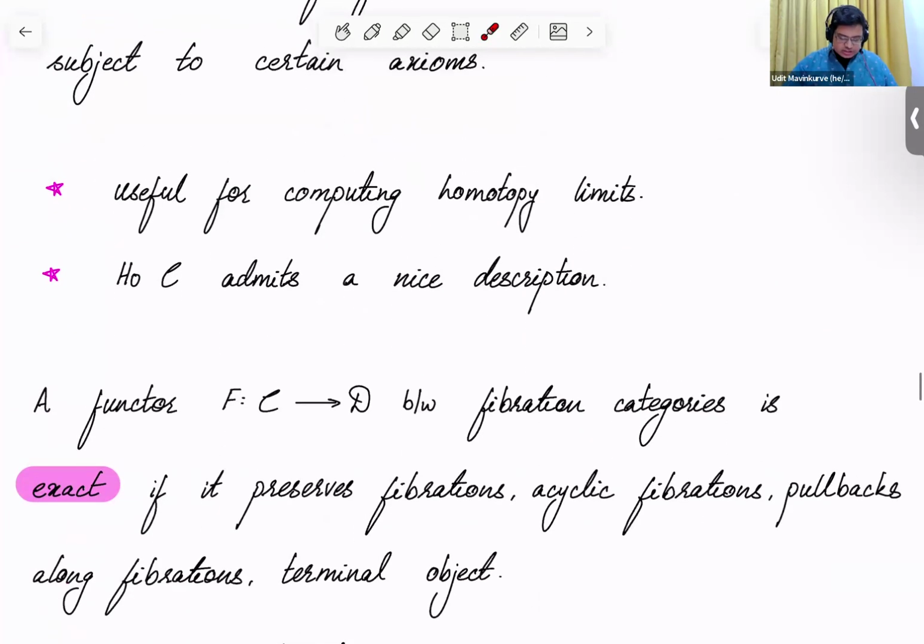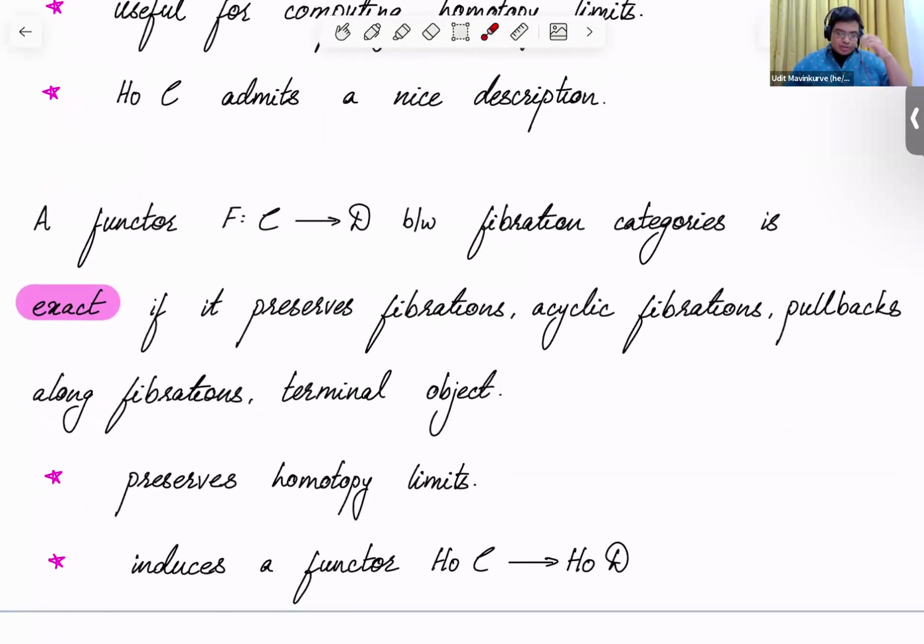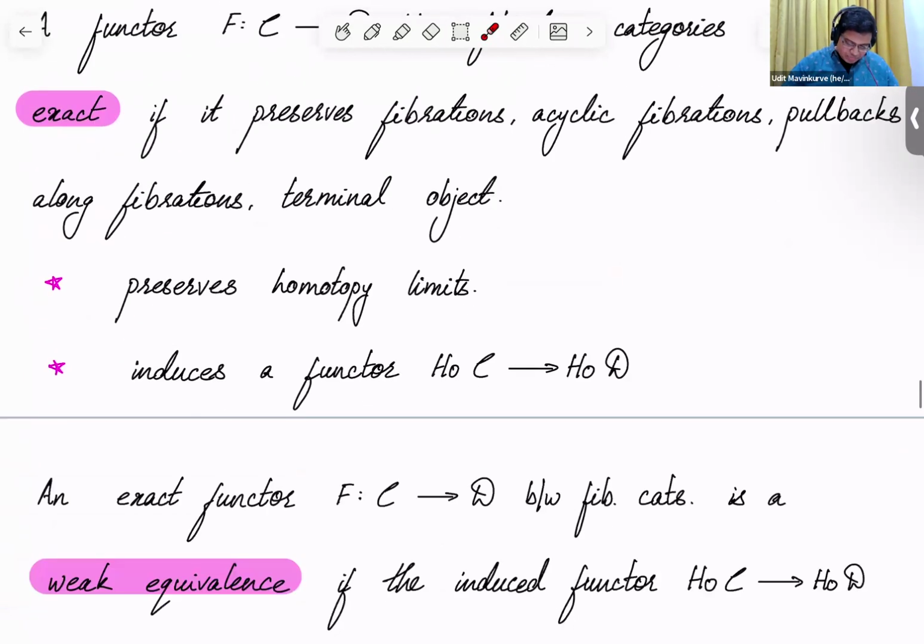And just as you have Quillen adjunctions between model categories, you have a notion of exact functors between fibration categories. These preserve the data that it needs to preserve in order to preserve homotopy limits and in order to induce a functor at the level of homotopy categories. So the definition isn't particularly important for this talk, but it's just good to know that's the analog of Quillen adjunctions for fibration categories.